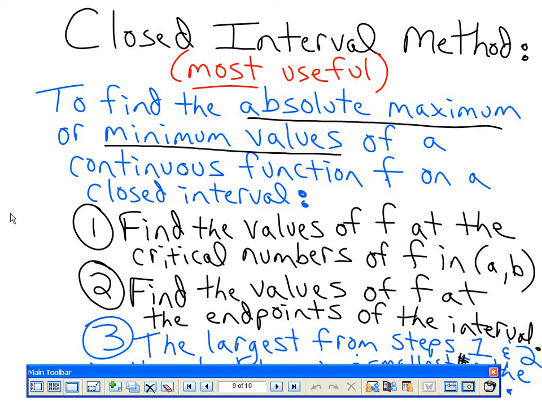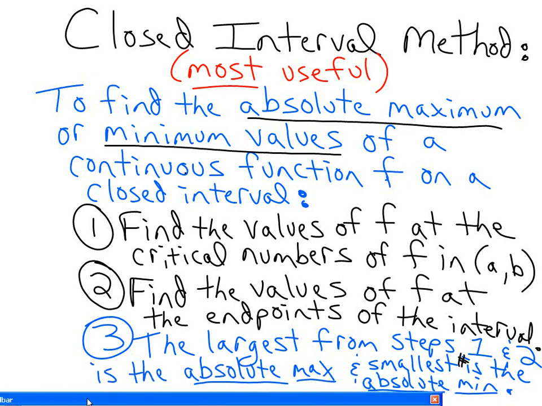The third step is that you just look at those numbers and pick the highest one out of all those, and that's your absolute max. Whatever is the smallest one, that's your absolute min. So it's really simple. Find critical numbers, try those. Second, try your endpoints, and then whichever one's the highest is the max, whatever's lowest is the min.